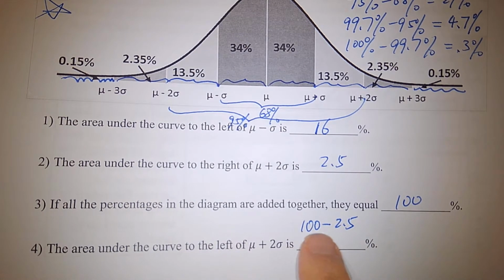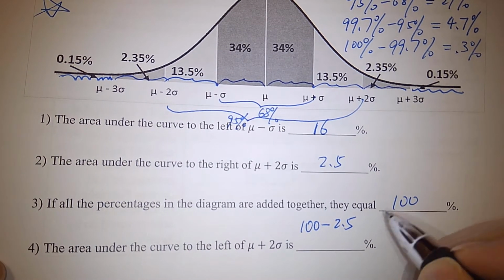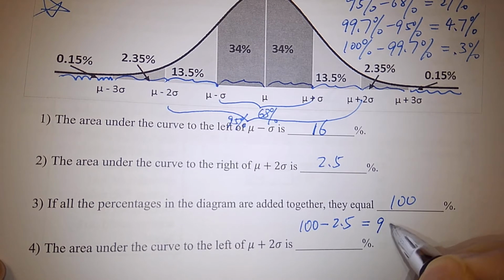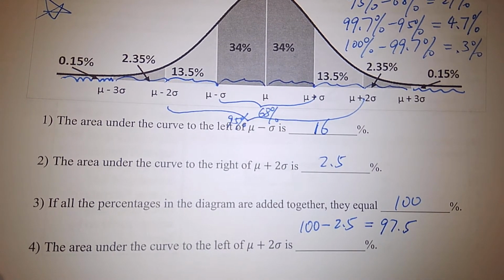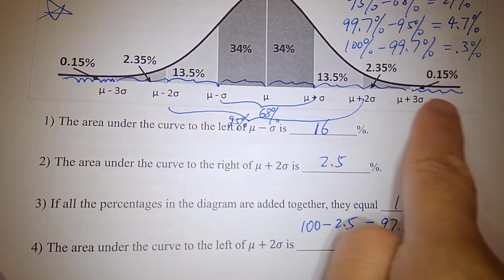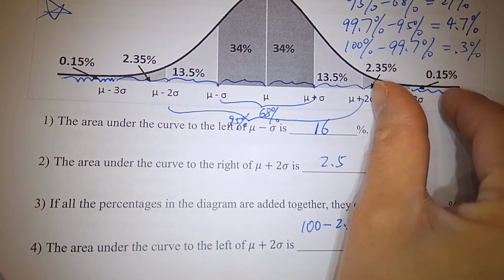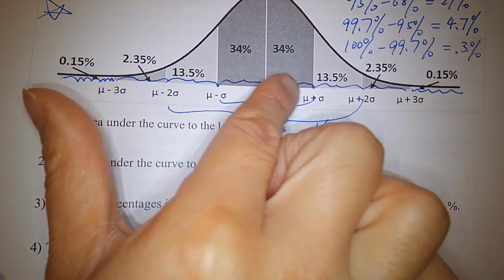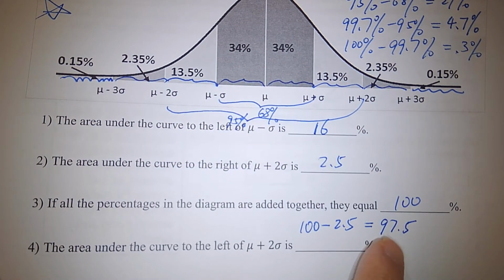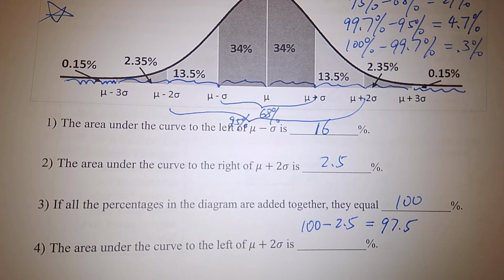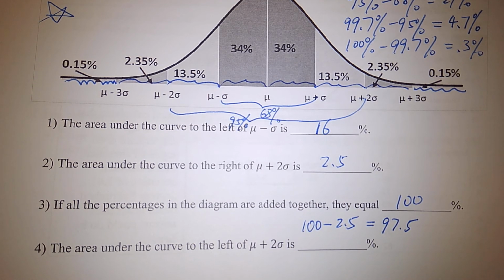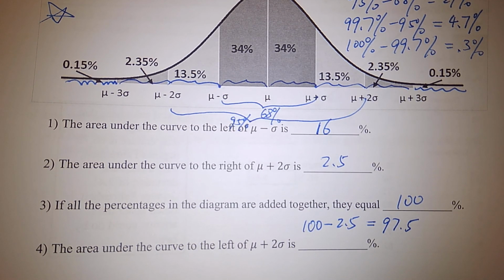I'm going to use 100 minus 2.5. That will give us 97.5%. You guys agree with that? Entire horizontal line 100%. To the right of mu plus 2 sigma, 2.5%. So the leftover will be 97.5%. Everyone? Alright, so this is page 192.